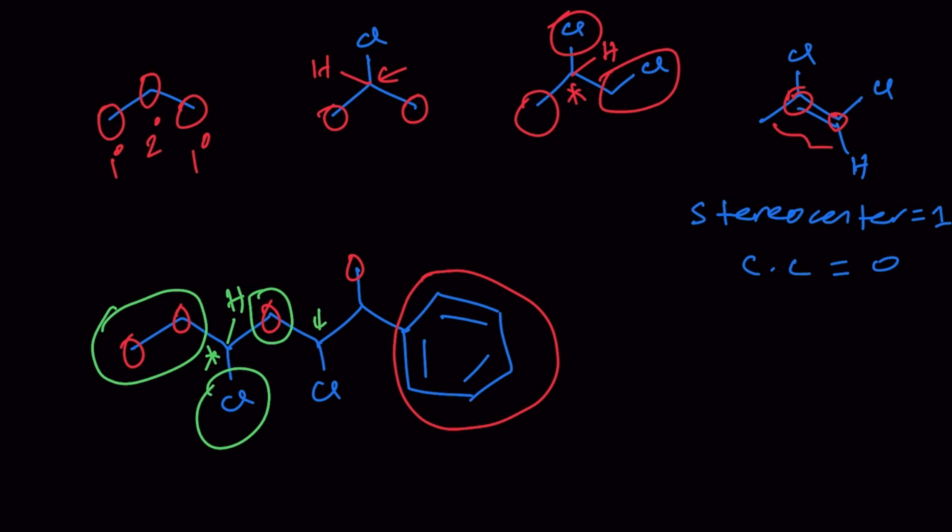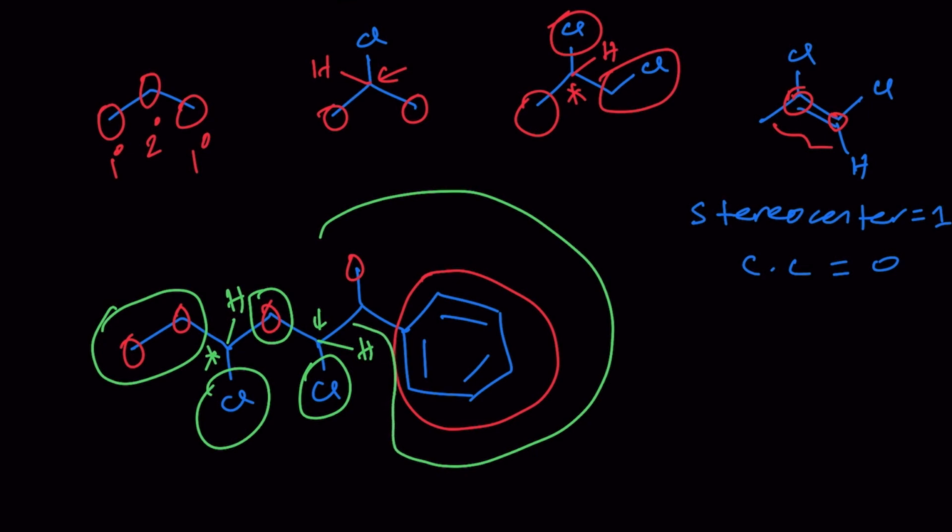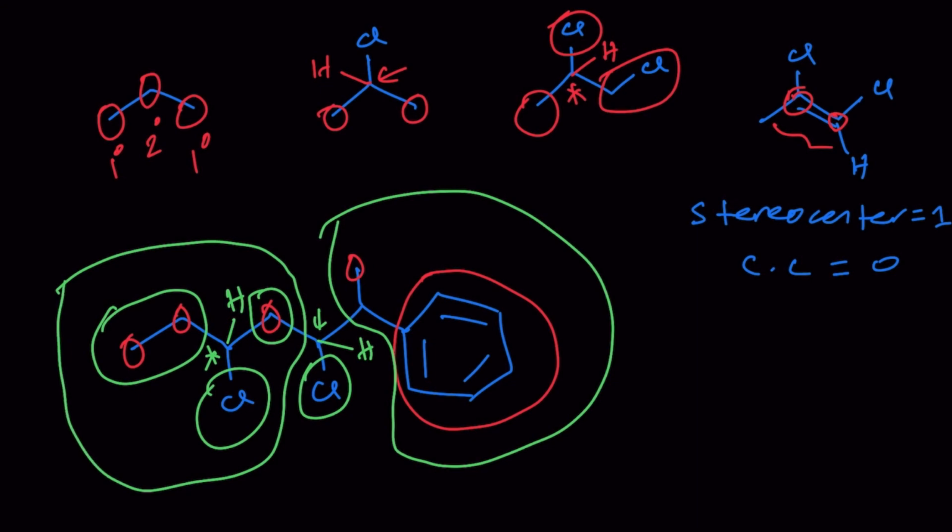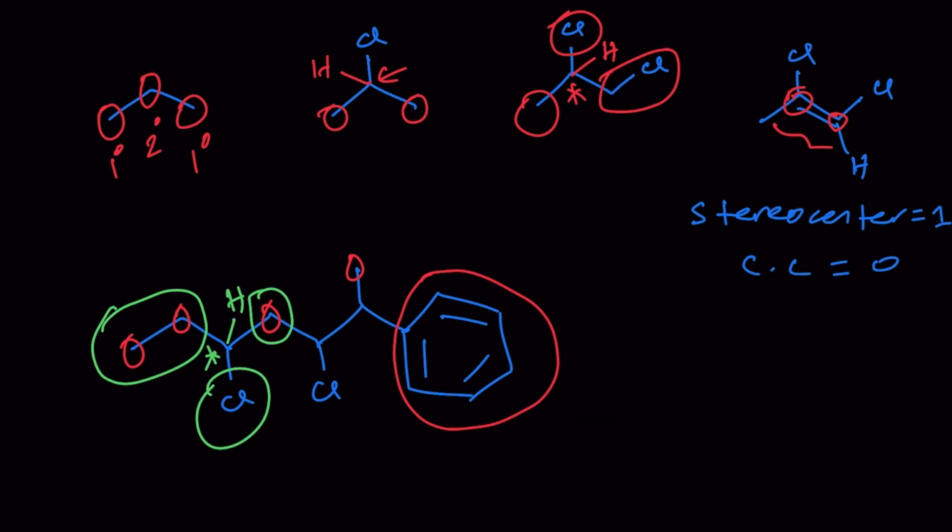How about this here? Same, it is also chiral. Chlorine, we have a hidden hydrogen, and then this entire unit we can consider as one unit, and then this entire unit we can consider as another unit. Therefore this is also a chiral carbon. So let me just put an asterisk mark here.